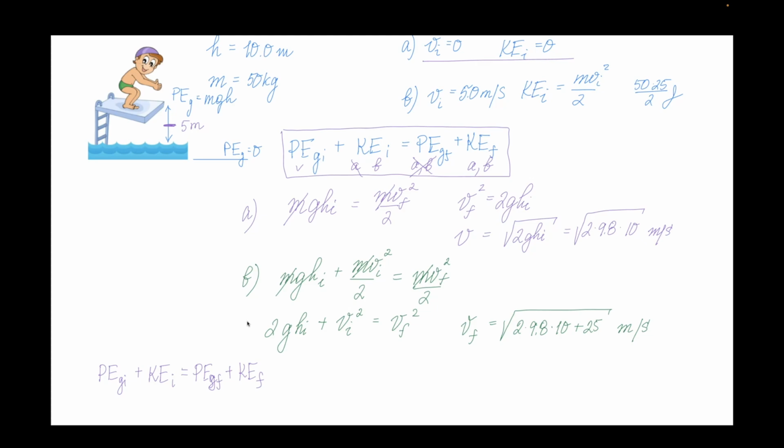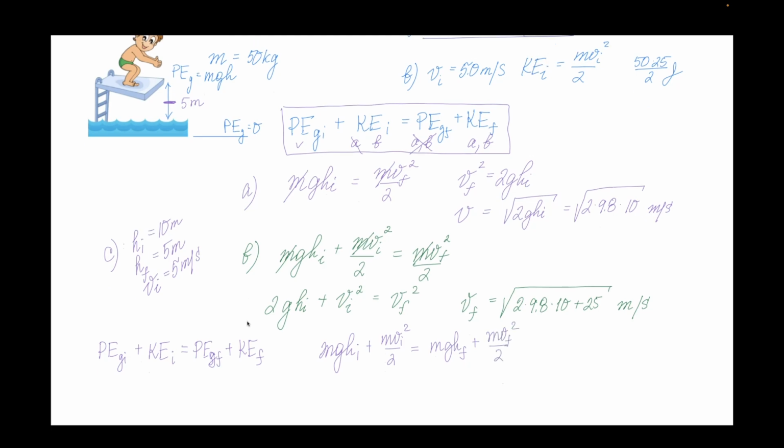Solve it for C, where I have h initial of 10 meters, h final of 5 meters, v initial of 5 meters per second. mgh initial plus mv initial squared over 2 should be equal to mgh final plus mv final squared over 2. Masses cancel.